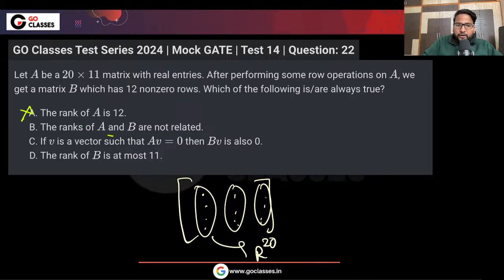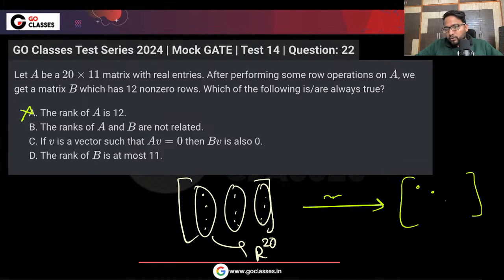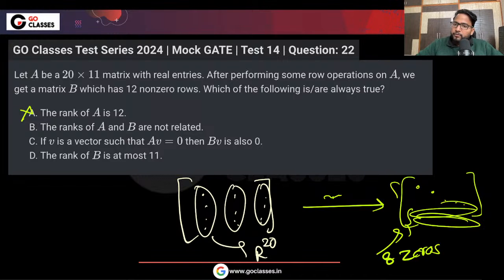The rank of A and B are not related. What is B here? We get a matrix B that has 12 non-zero rows. After elementary row operations we get B, which has 12 non-zero rows, and the remaining 8 are zero rows. They say the ranks are not related.